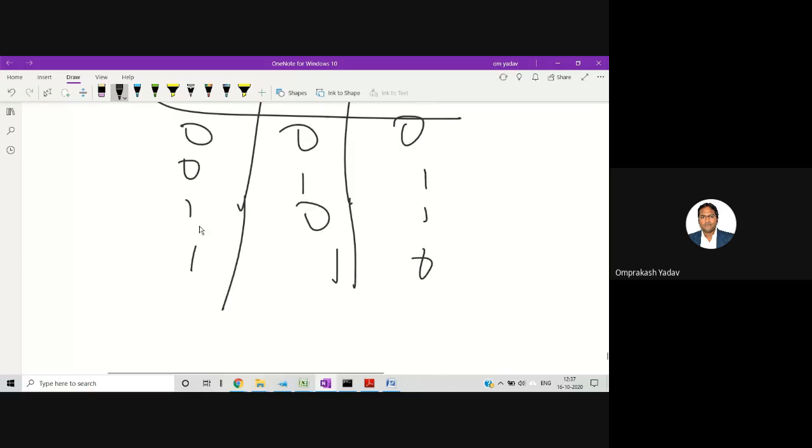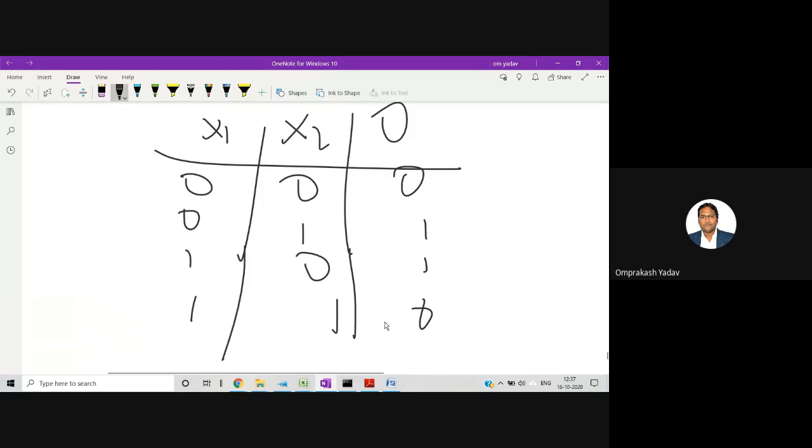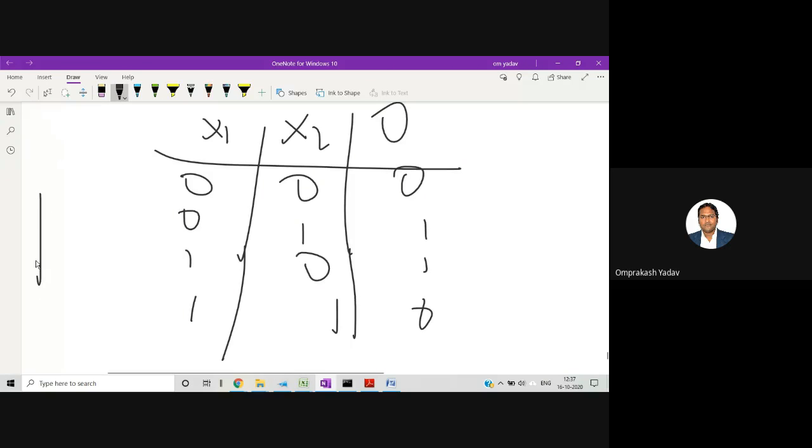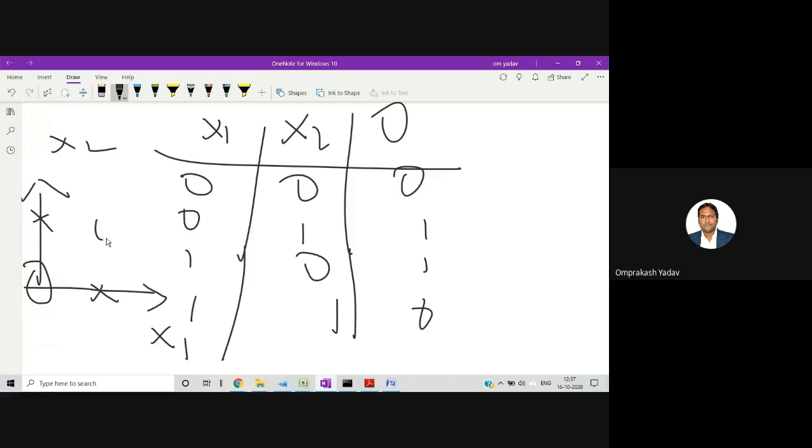So for dissimilar inputs you will get output 1, and for similar inputs you will get 0. So this is XOR. Let's plot it.